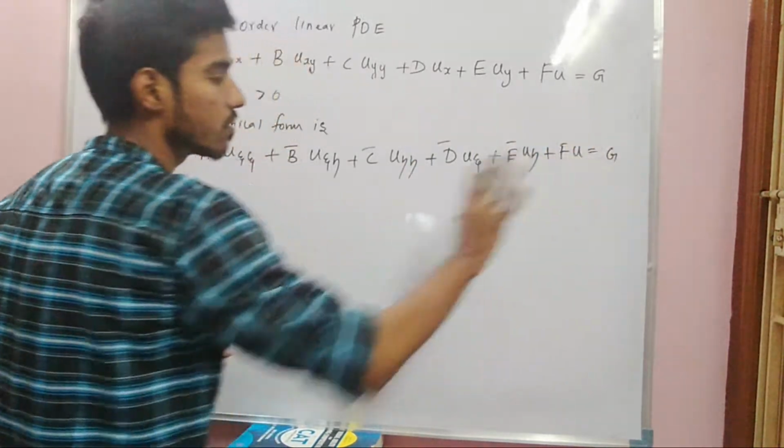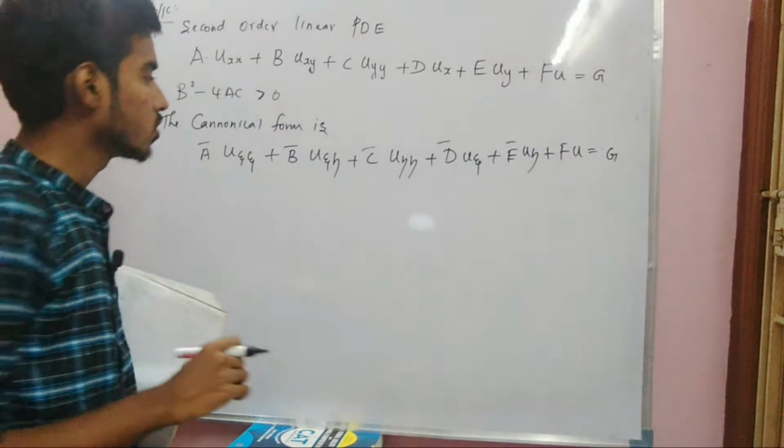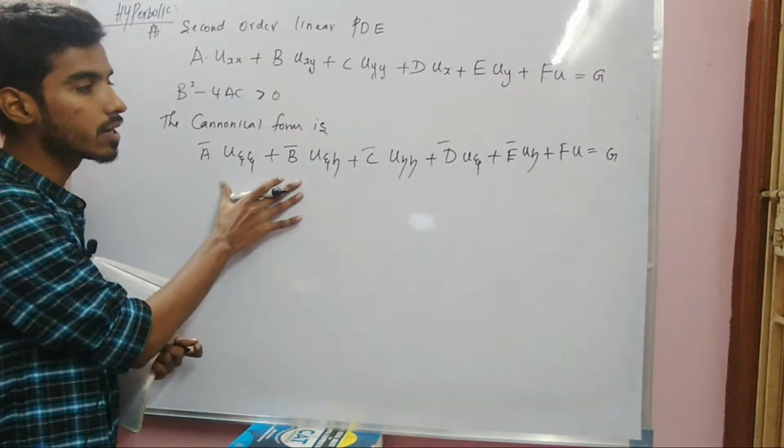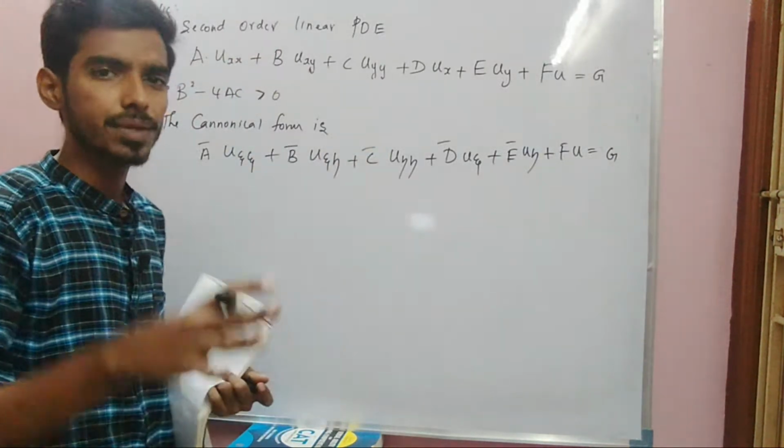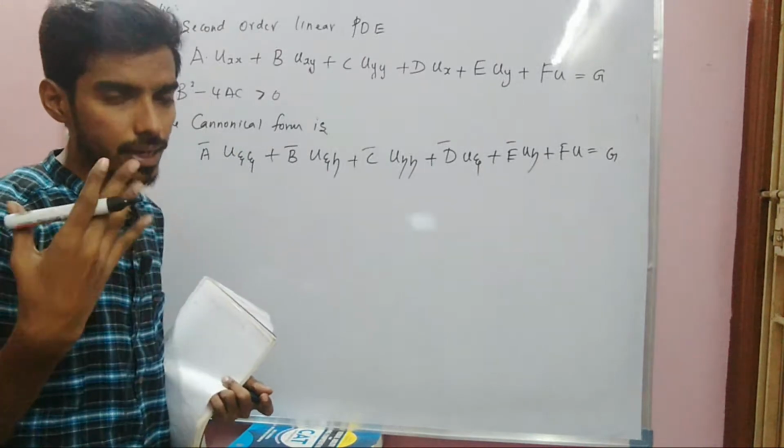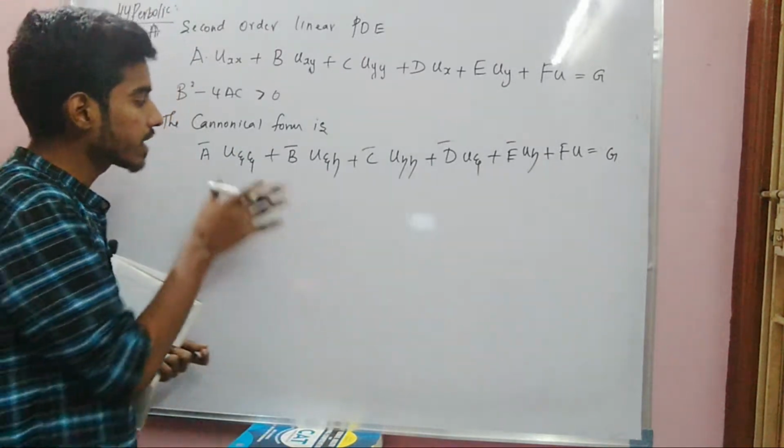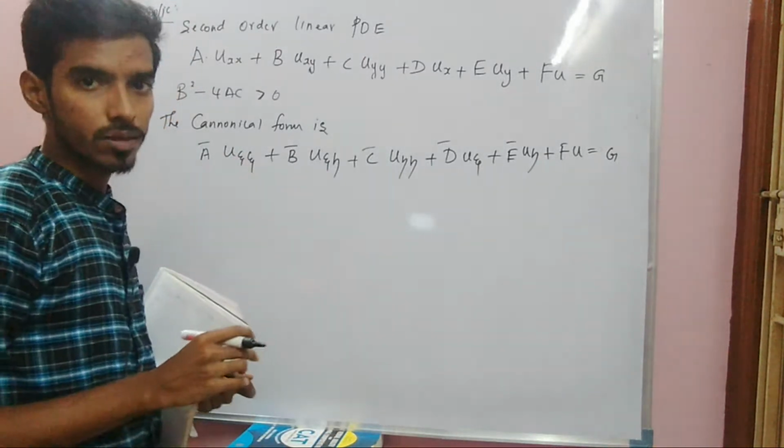Here you replace x with theta and y with eta. We don't have bars for f and g. This is the canonical form whether it is elliptic, hyperbolic, or parabolic.